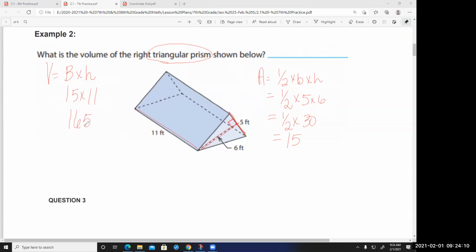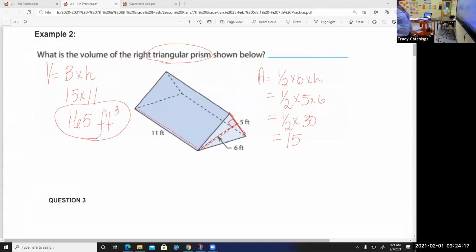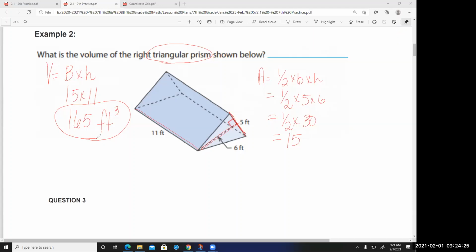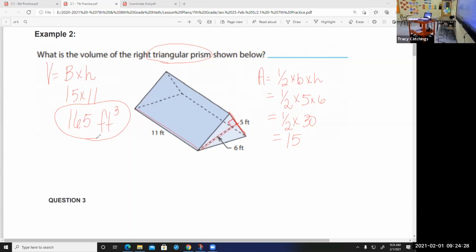Inches. Inches cubed. We got feet this time. Any questions about it? I'm still writing. Okay, let me know when you finish with it.